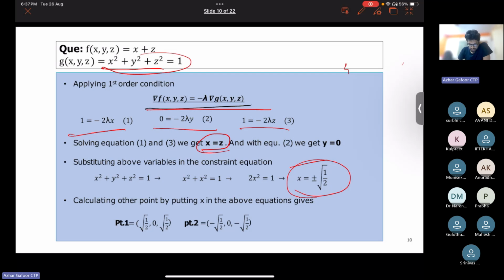And we have two solutions, corresponding to x is equal to z. x and z will be the same, and y is equal to 0. So one will be the point that is maximizing the solution, and one will be the point that is minimizing the solution.